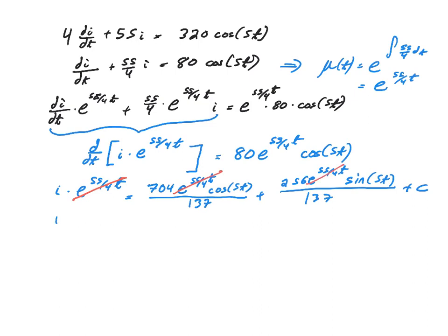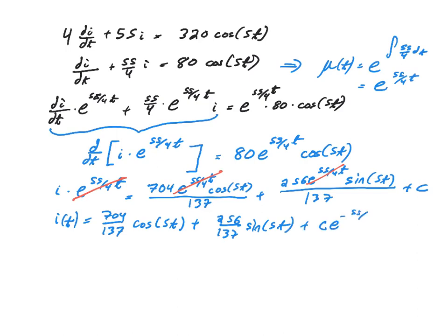So now I have I of t is just going to be equal to 704 divided by 137 times cosine of 5t plus 256 divided by 137 times sine of 5t plus c times e to the negative 55 over 4t. Now to find c, you have to recall that I of 0 is equal to 0. Now we can actually just think about this really quickly.